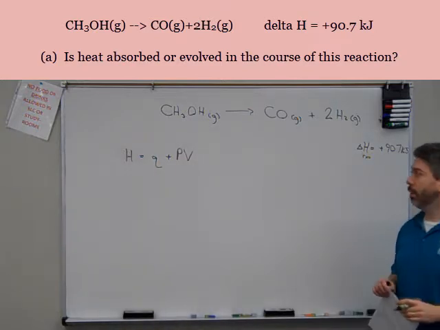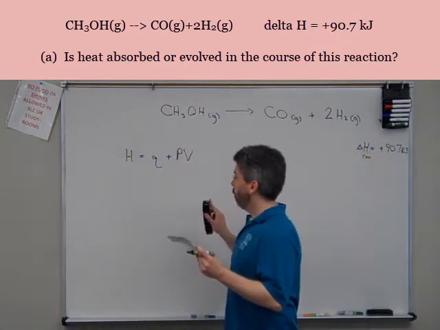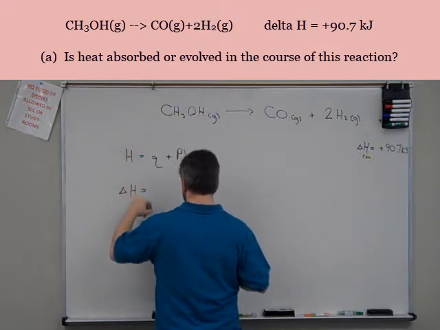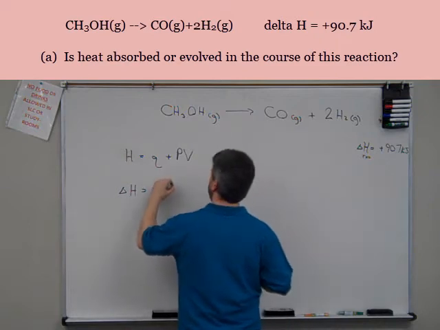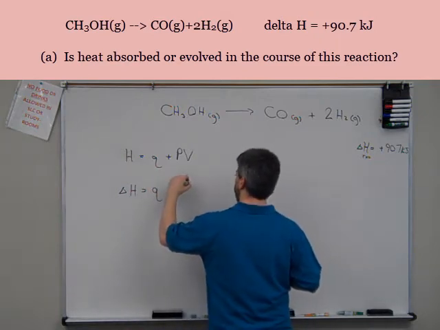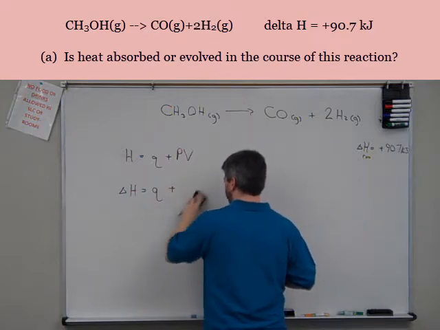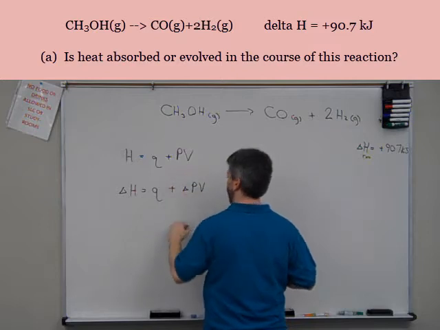So when we're looking at delta H, it's equal to Q plus the change in pressure times volume.